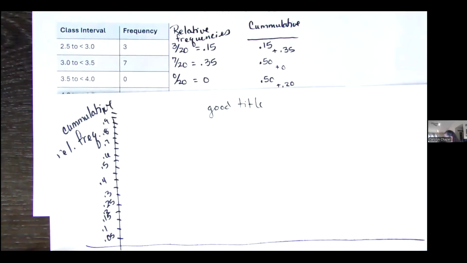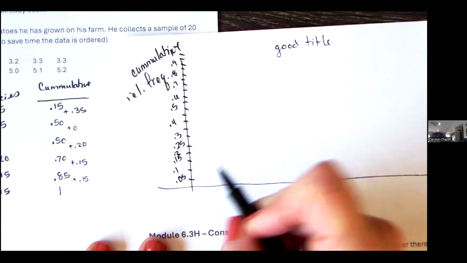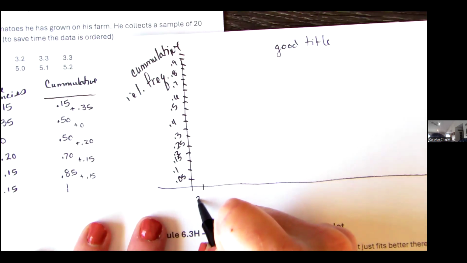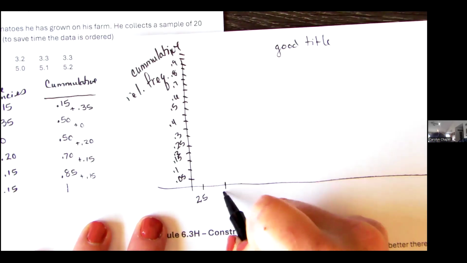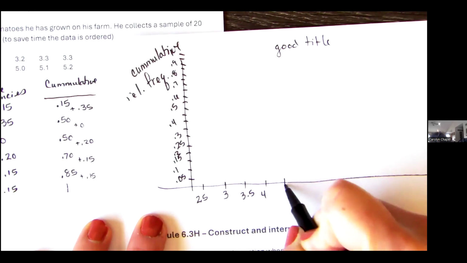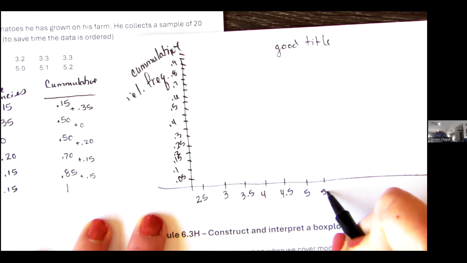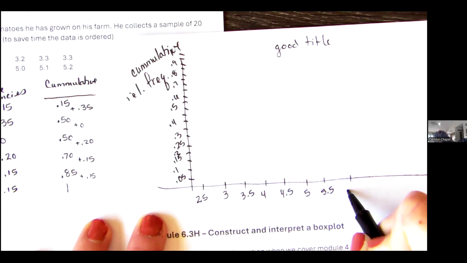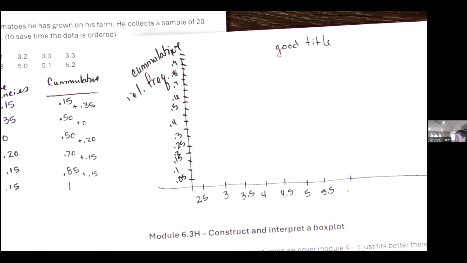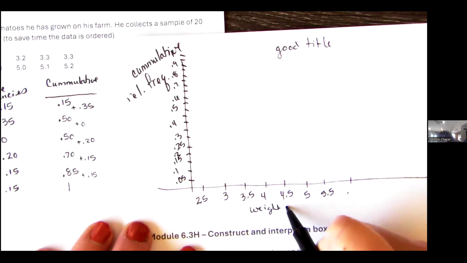Okay, so I have my scale. Maybe I'll move these numbers over here. We started at 2.5, then 3, 3.5, 4, 4.5, 5. I'm using the exact same scale that we did when we created our histogram. So this is the weight in ounces.